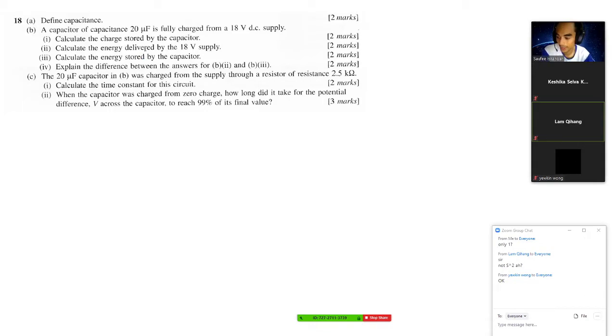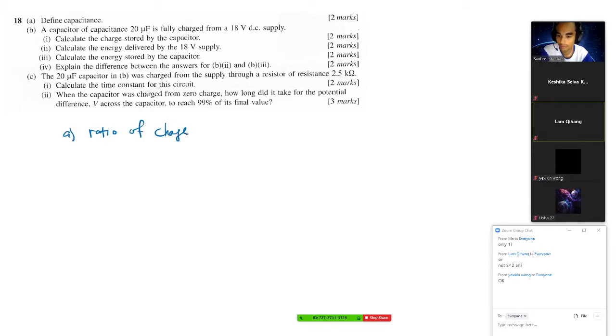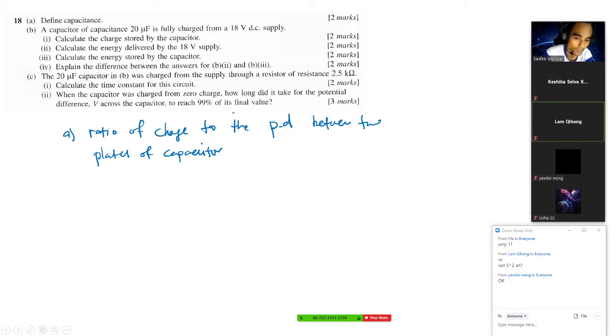It's a ratio of charge to the potential difference between two plates of a capacitor. Okay, ratio between charge and how much potential difference between the plates. So C equals to Q over V, right?